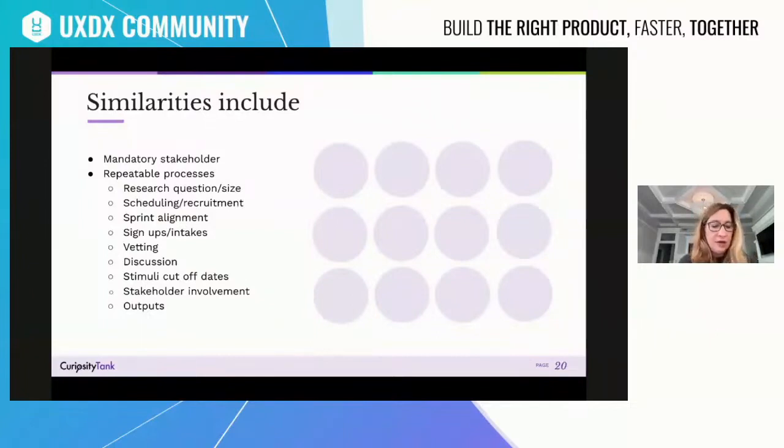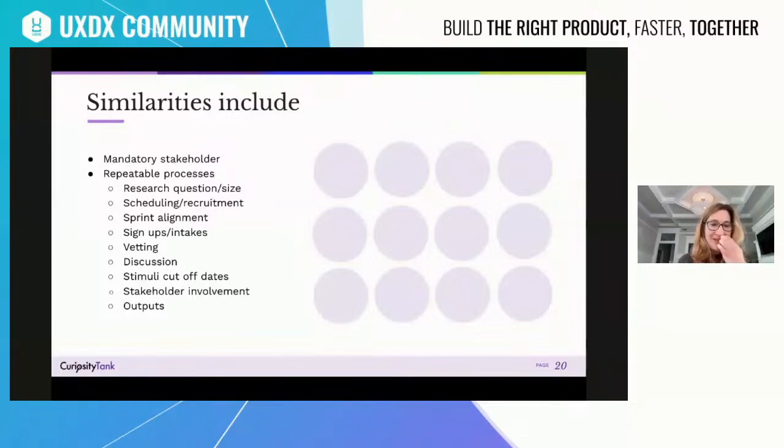As I mentioned earlier, stakeholders are critical, right? How and when stakeholders contribute to the process does vary, but there always needs to be a stakeholder. And there are always repeatable processes in place.